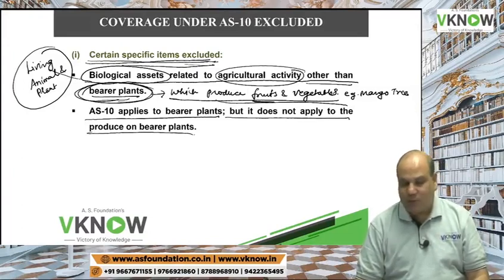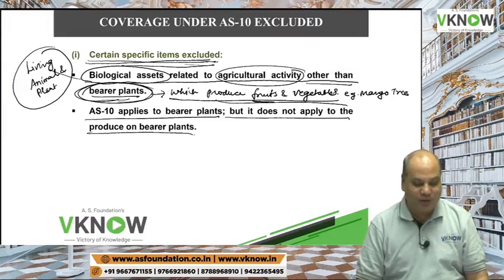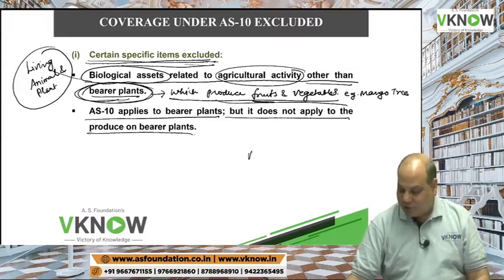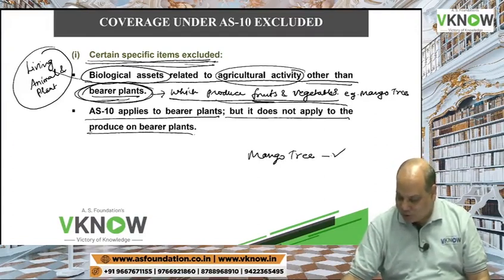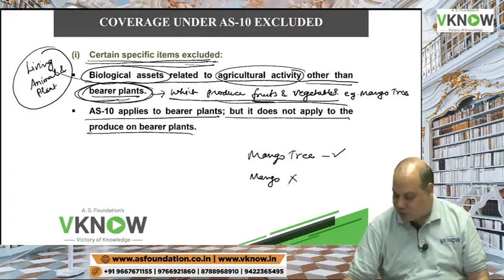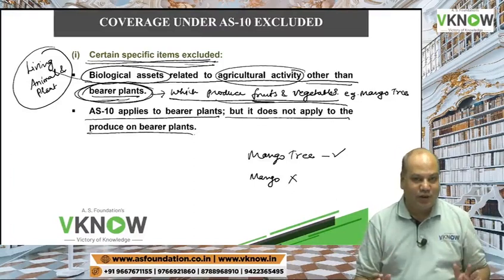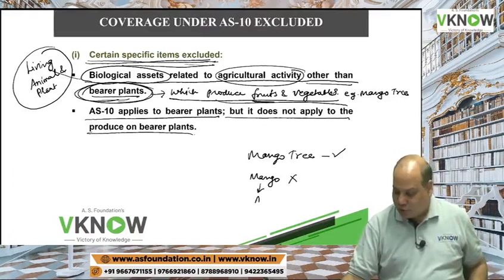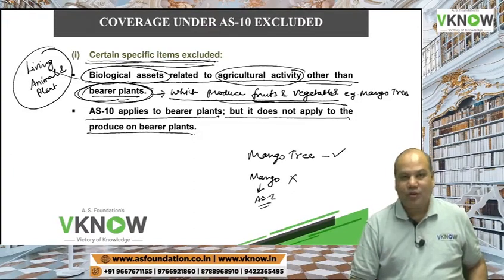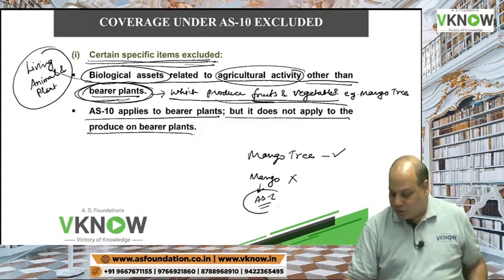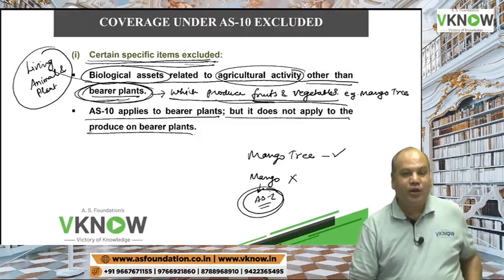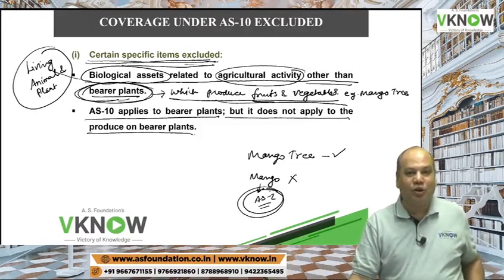It does not apply to produce on bearer plants. This standard is applicable to the mango tree, but the standard is not applicable to the mango. Once the mango is harvested, AS-2 will apply. Under AS-2, they are also saying that producers' inventories are not covered.